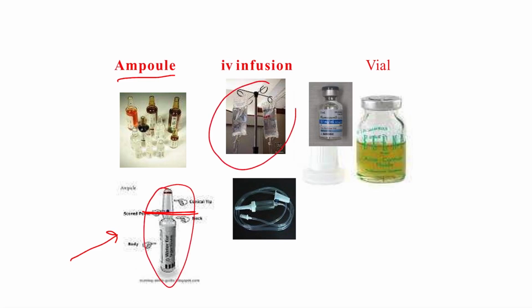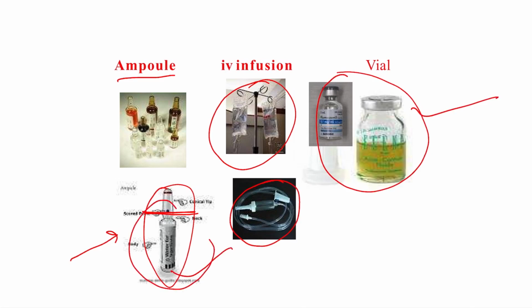We have IV infusion bottles, where through IV sets we are infusing the fluid at a particular rate. We have vials, where the drug may be available in powder form or liquid form. We take the particular amount of drug which is required, and then we can reuse them. So the difference between a vial and an ampule is that an ampule cannot be reused, while a vial can be reused. So there are different injectable formulations available.